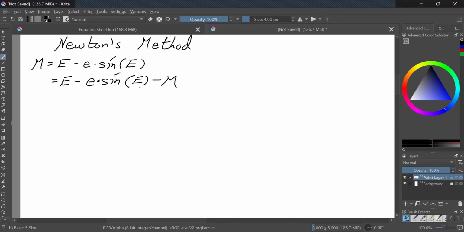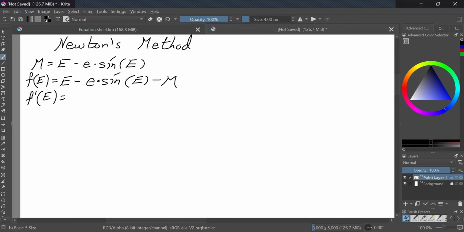But right now, you just need to know that this is our function, and it is not in terms of x, as I have written it here. It is in terms of E. The next thing that we are going to need for our Newton's method is going to be the derivative of the above equation.